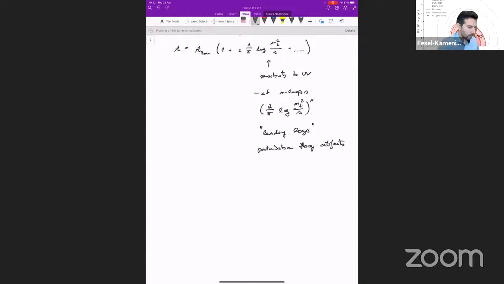The effective field theory techniques, when combined with so-called renormalization group improvements, allow one to resum these leading logs and solve these perturbation theory artifacts.